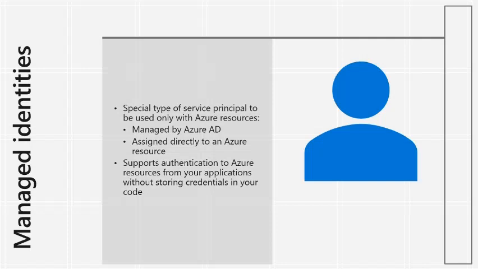Internally, managed identities are service principals of a special type that are locked to be used with Azure resources. When you delete a managed identity, the corresponding service principal is automatically removed. Your code can use a managed identity to request access tokens for services that support Azure AD authentication. Azure manages rolling the credentials that are used by the service instance.